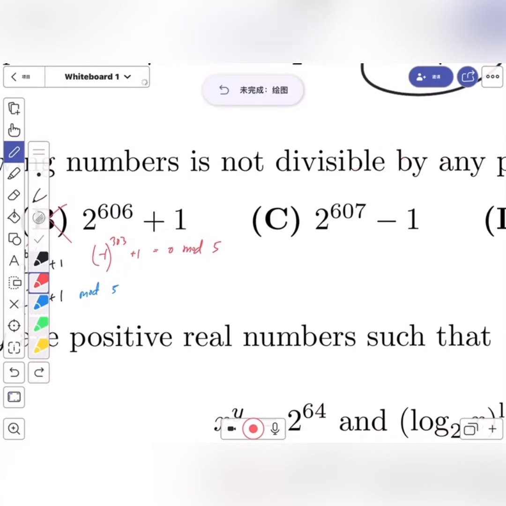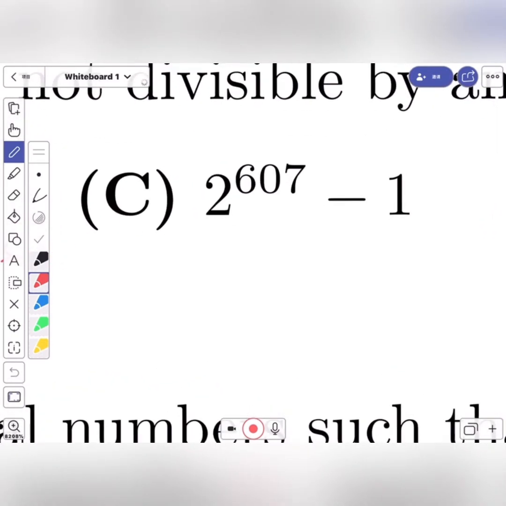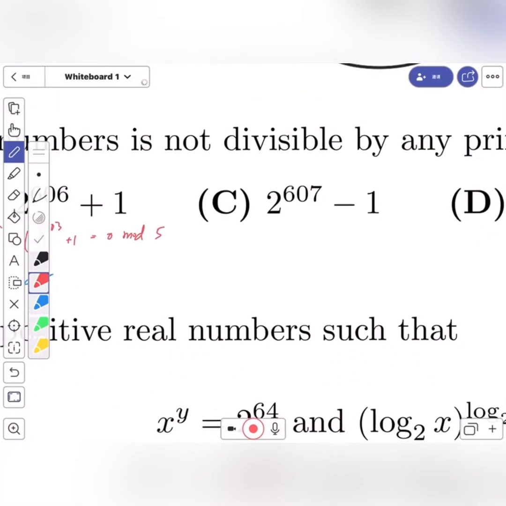Now let's go on to number 3, which is C. 2 to the 607 minus 1. Now we check mod 3. This is negative 1 to the 607 minus 1, which is negative 2 mod 3. So we know that it's not divisible by 3.